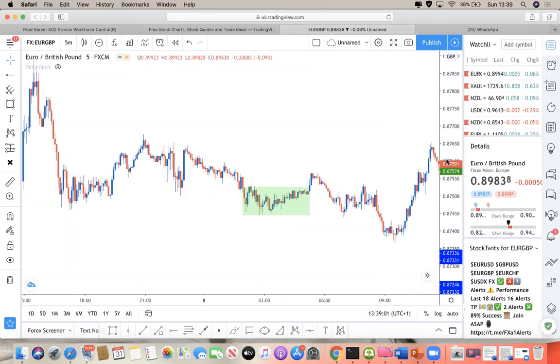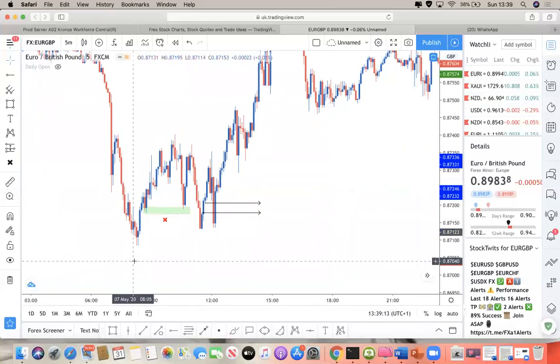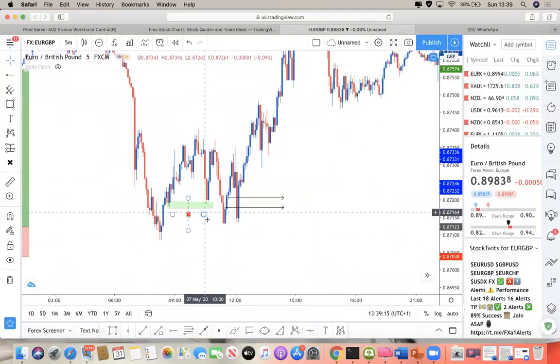Can you repeat the confirmations for smart money? Yes. Okay, let's use this side. The first confirmation: have we created an institutional candlestick? Number 1.